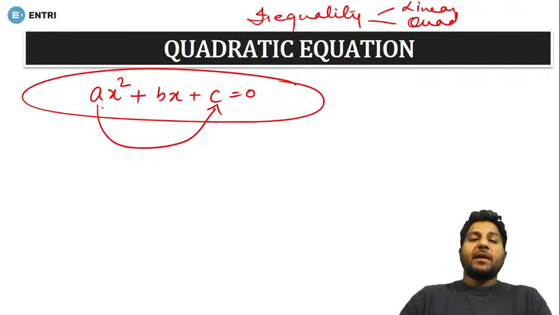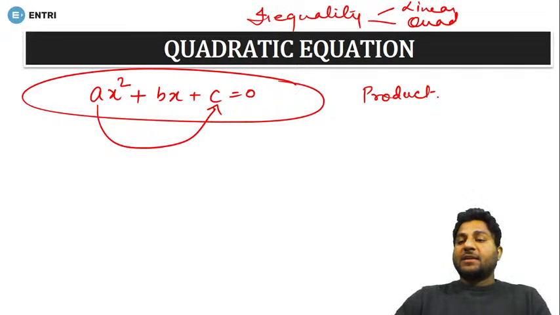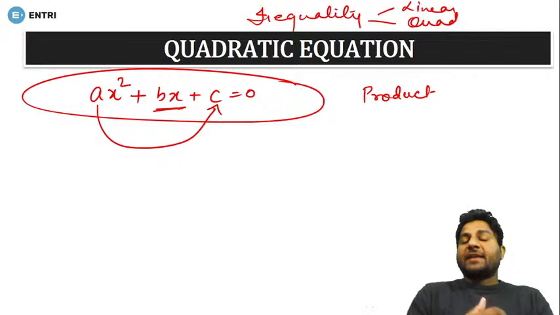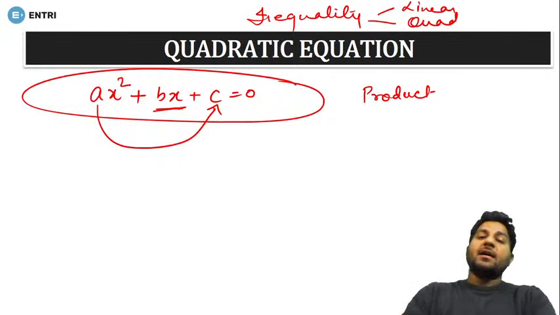You multiply the x square coefficient and the constant, and after getting the product, you factorize it and break it into two parts in which you can either get the sum or the subtraction of the x coefficient. That is, you will form the coefficient of x either through the product or the sum.